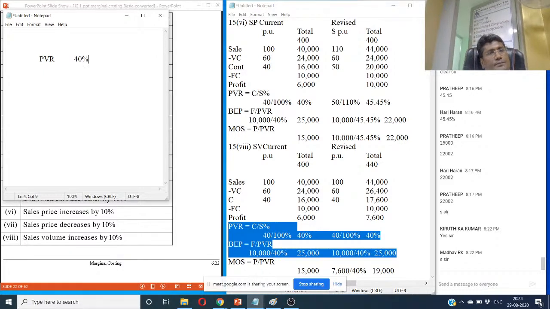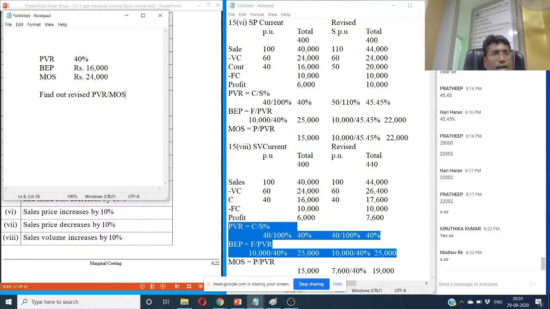BEP rupees 16,000. Margin of safety being rupees 24,000. Find out the revised PVR, margin of safety, and BEP.